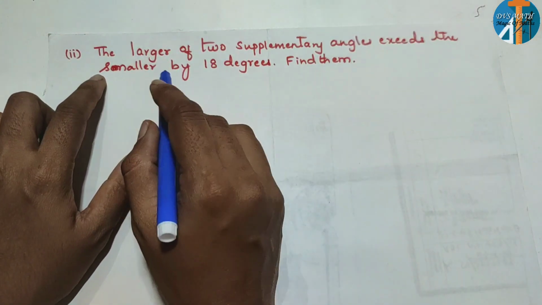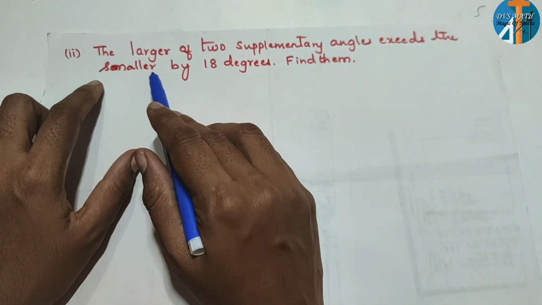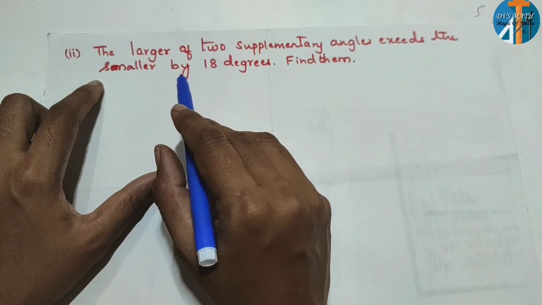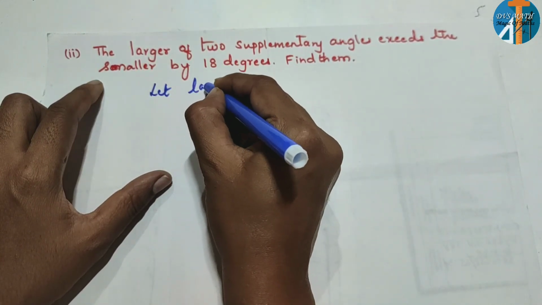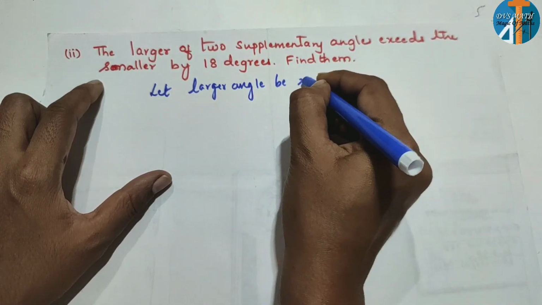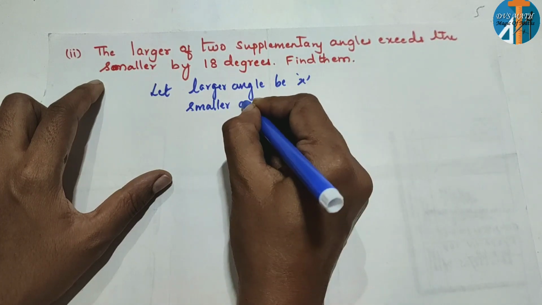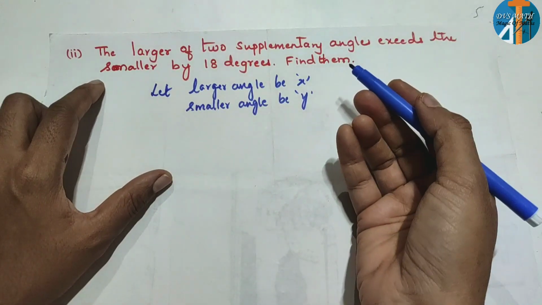So first, we have one larger angle, another one is the smaller angle. Larger angle, smaller angle. So let us consider the larger angle to be x, and the smaller angle to be y.